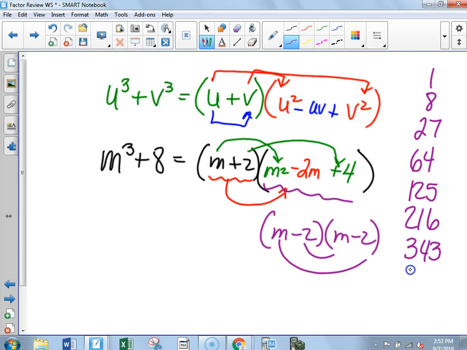What are we on? 8 times 8 times 8? 9 times 9 times 9? And 1,000. So there's the first 10 perfect cubes. So look for those numbers when you see the other part of the problem is a cubic.